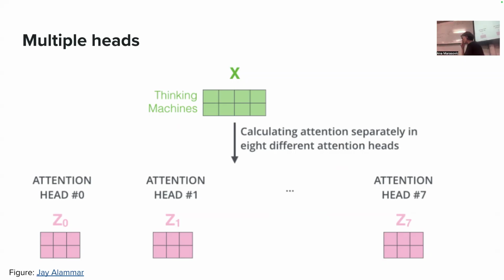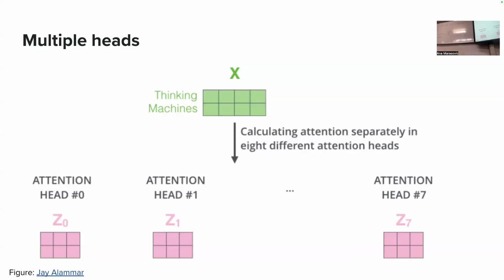I kind of didn't give you intuition for that. The reason why we do that, as I hinted in my answers to your questions, is that each one of these sets of 3 weight matrices, query, key, and value, specializes in finding some notion of importance in language. As I keep mentioning, one attention head can specialize in giving importance between subject and verb, and everything else is not as important.